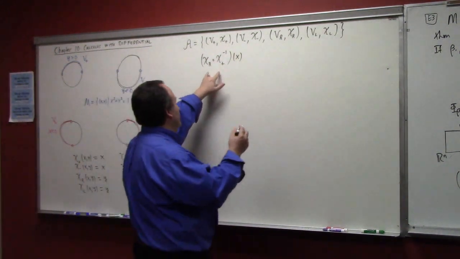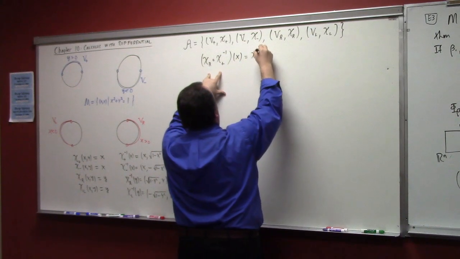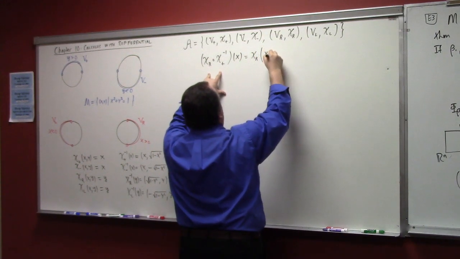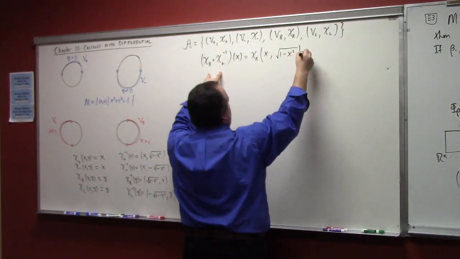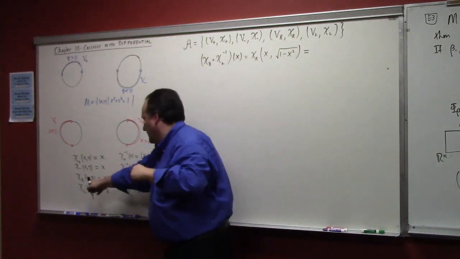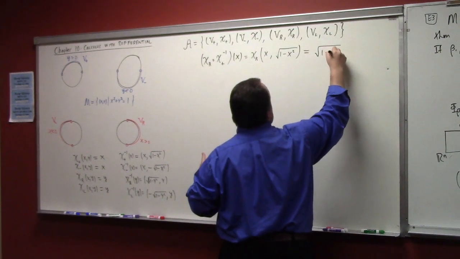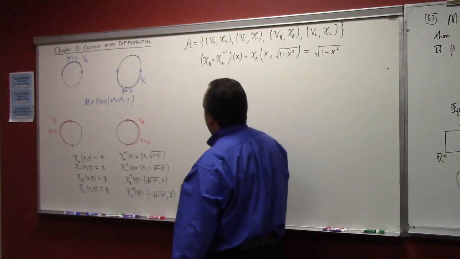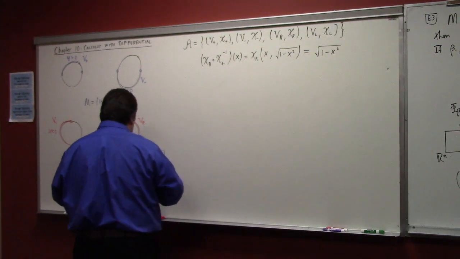And so here we're looking at chi R of x comma square root of 1 minus x squared, which just gives us what? It projects the y, so the square root of 1 minus x squared. Now this x, where is it supposed to be taken from? What's the context here?